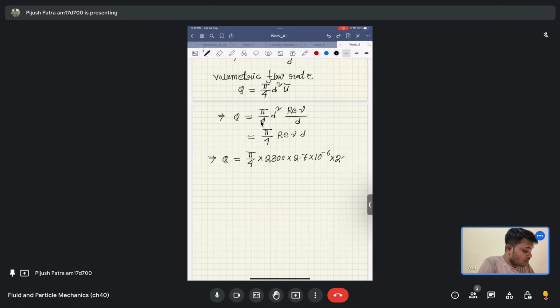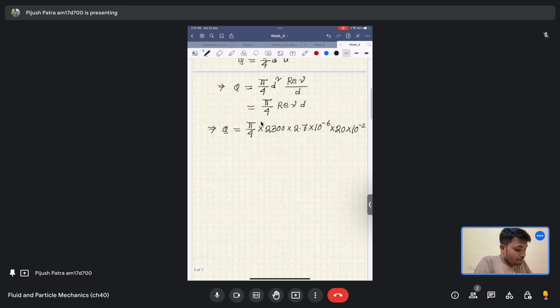Is that right? Fine. If I do that, it will come to something around 0.000975 meter cube per second.